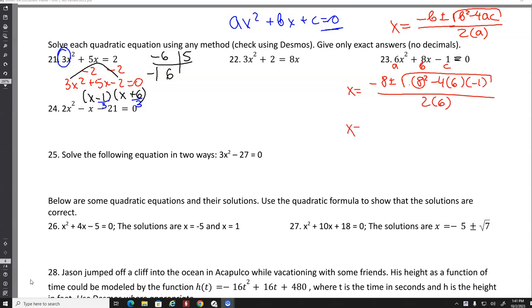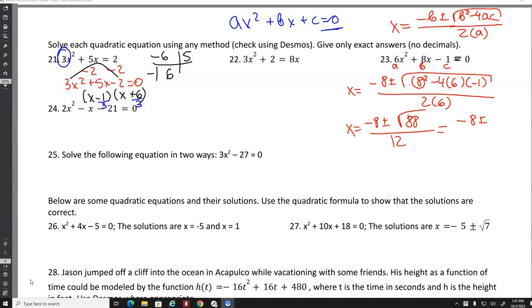So I'm going to go negative 8 plus or minus, and underneath the radical, I do 8 squared minus 4 times 6 times negative 1. I'm calculating it right now myself. I get the square root of 88, divided by 12. That's still negative 8 plus or minus.